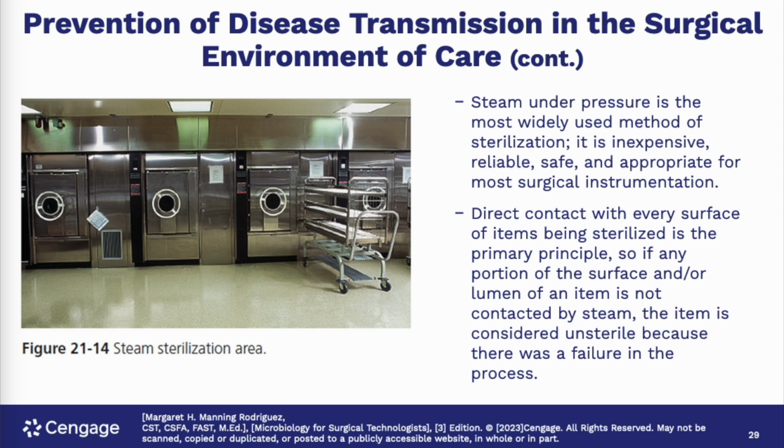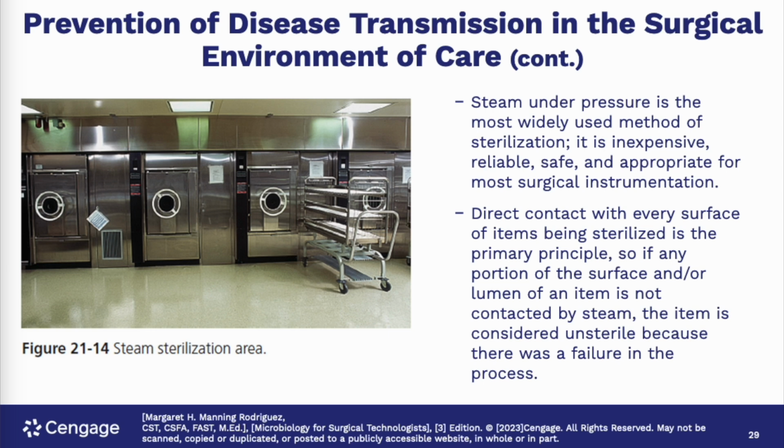Your hydrogen peroxide gas plasma can be used instead of ethylene oxide for sterilizing heat-sensitive items. It is a low-temperature process. It is ideal for items that cannot tolerate a lot of heat. And then you have glutaraldehyde. It can disinfect or sterilize depending on the concentration and exposure time.